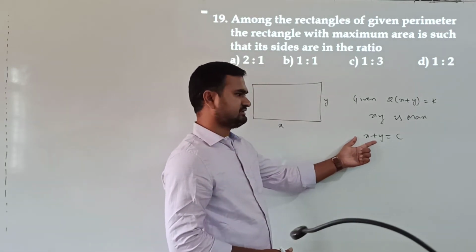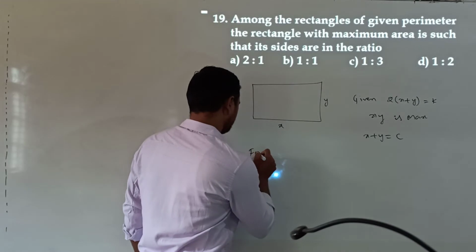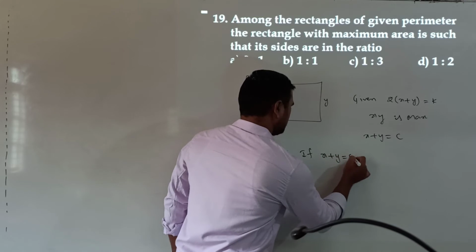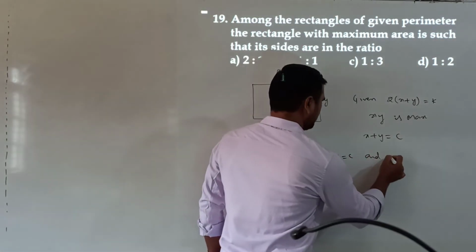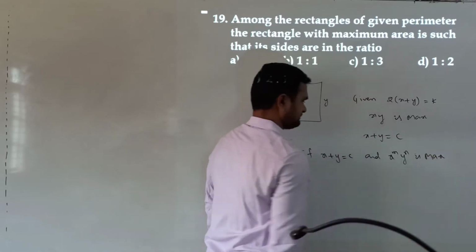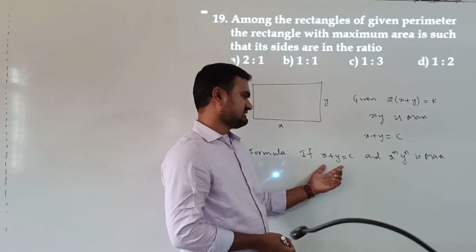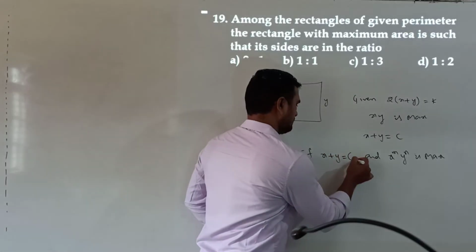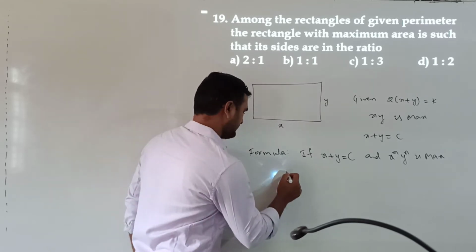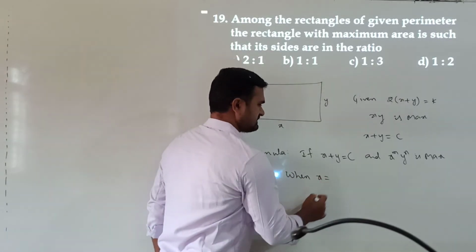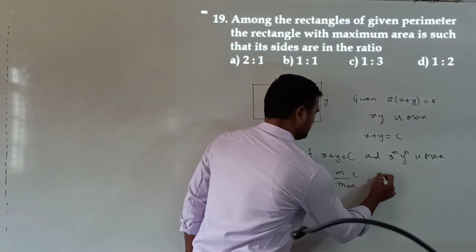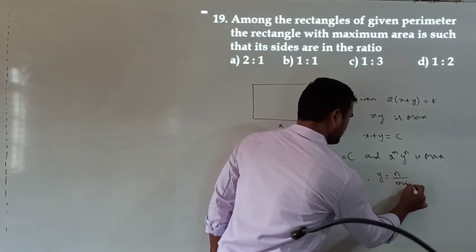One formula we studied. What is the formula? If x plus y is equal to a constant c, and x power m into y power n is maximum, then x is m by (m plus n) into c, and y is n by (m plus n) into c.